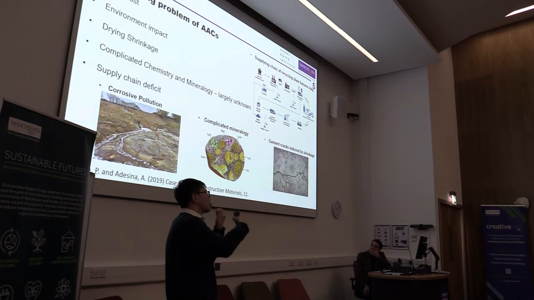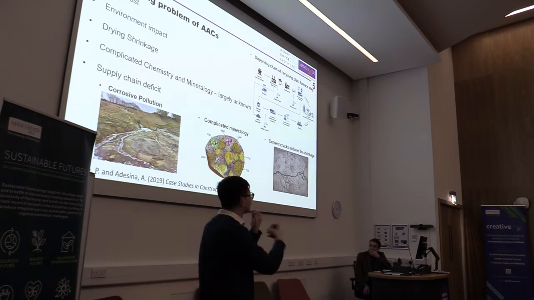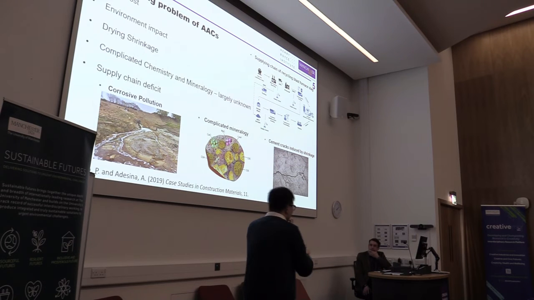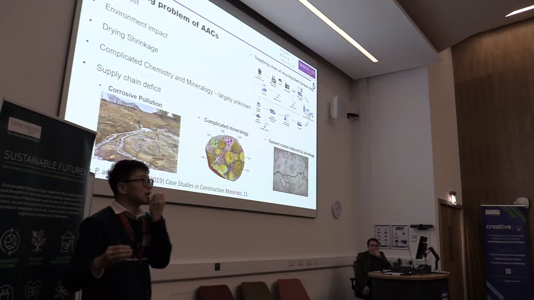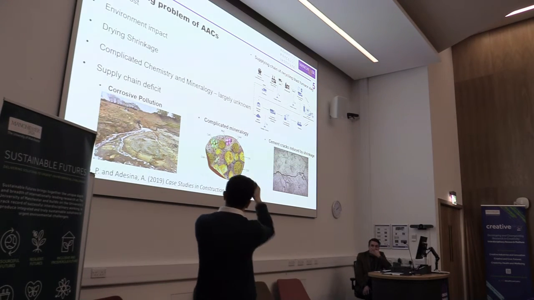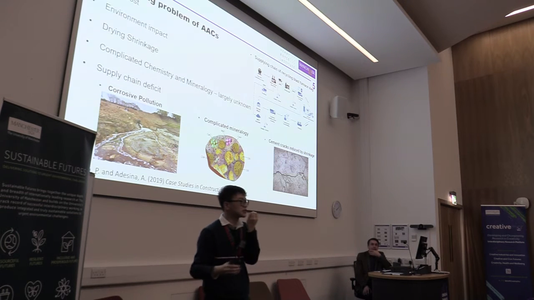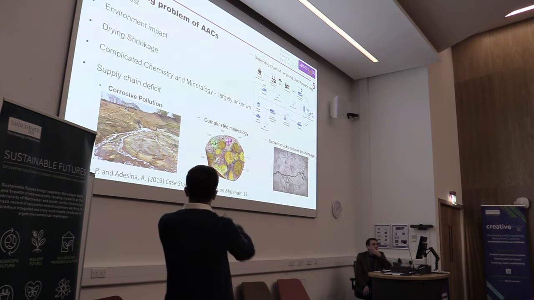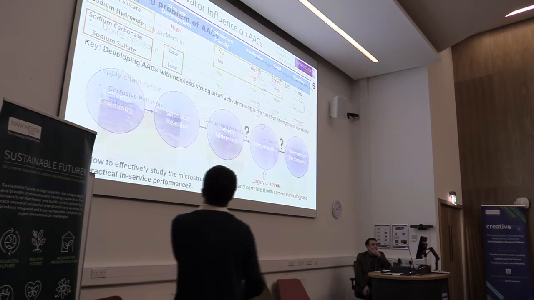We don't know what mechanism leads to their performance. And there is supply chain difficulty, because limestone and clay are everywhere, from fossil origins, but slag or fly ash are not everywhere. Only a limited number of regions and countries have them. So this is a problem. We cannot standardize the production of alkaline activated cement.